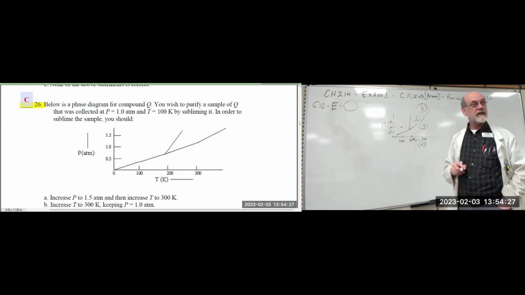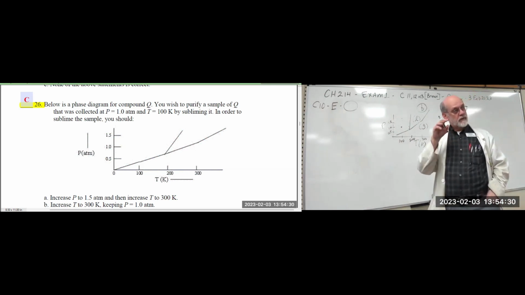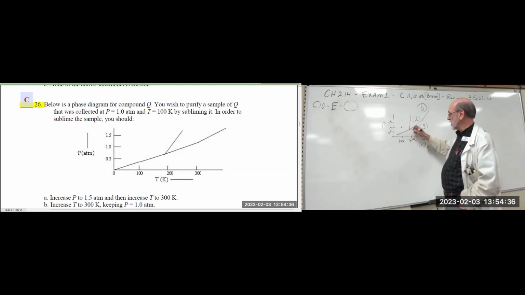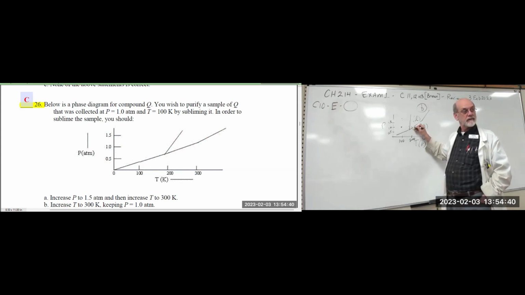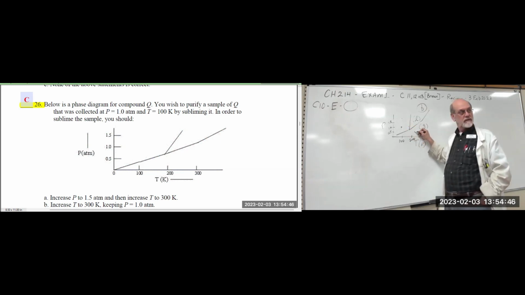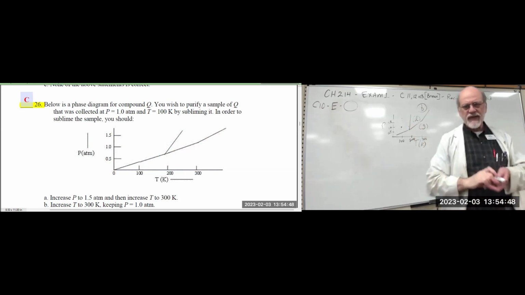Okay, sublimation means that we've got to go from solid to gas directly. So if we stay at this pressure and we increase the temperature, we're going to go through liquid. Can't do that. Best thing to do, I think, is to decrease the pressure and then increase the temperature. Do we have any that fit that?